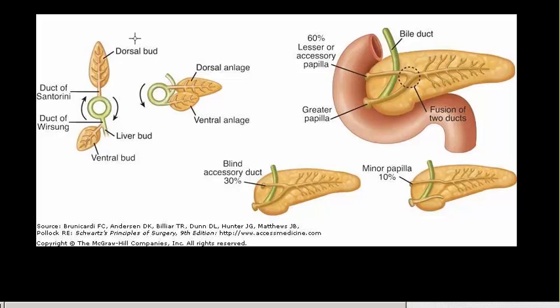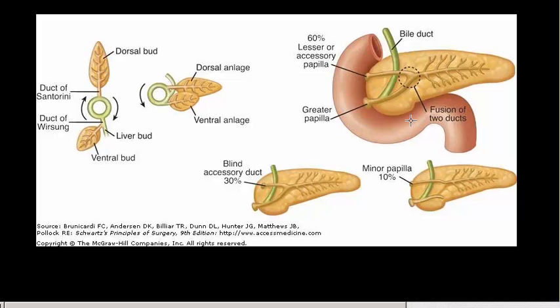Okay, but the important thing to understand is that in the ventral bud we have what we call the duct of Wirsung. The duct of Wirsung is in the ventral bud. Okay, and the duct of Santorini is in the dorsal bud.